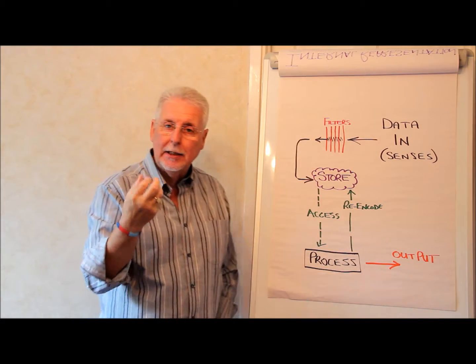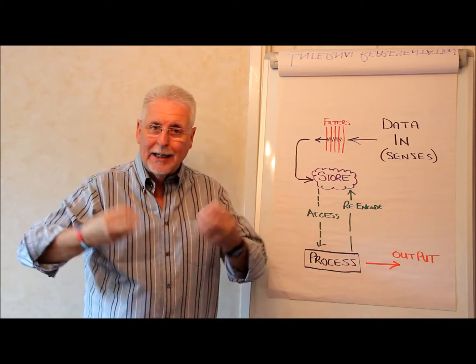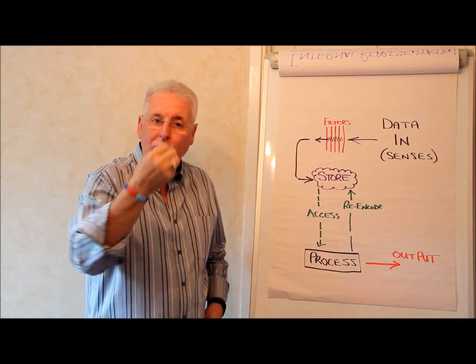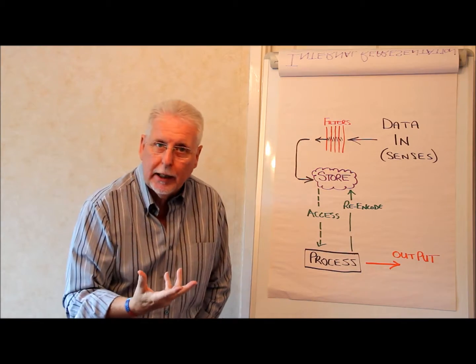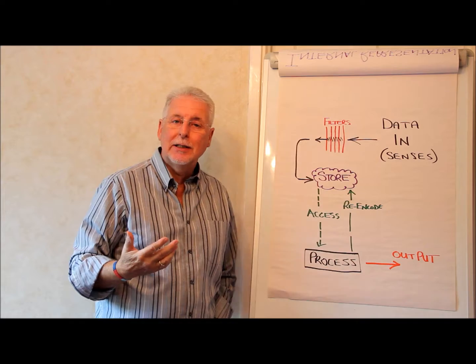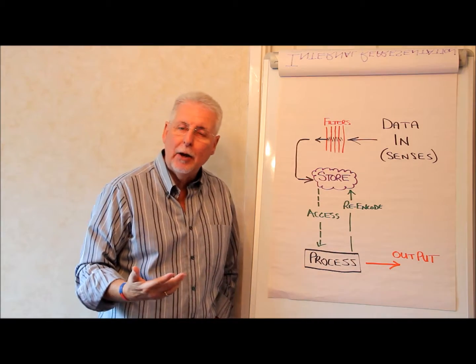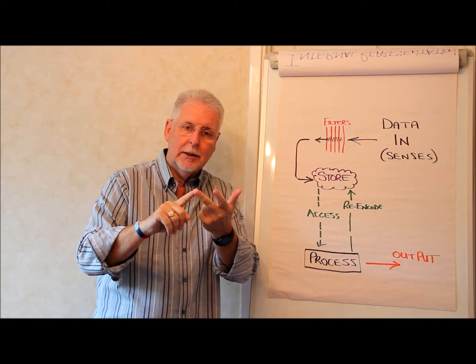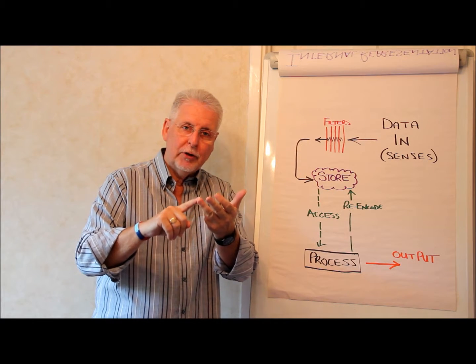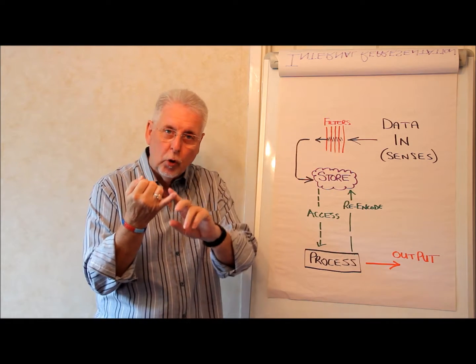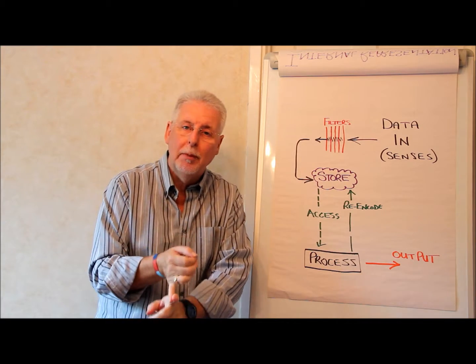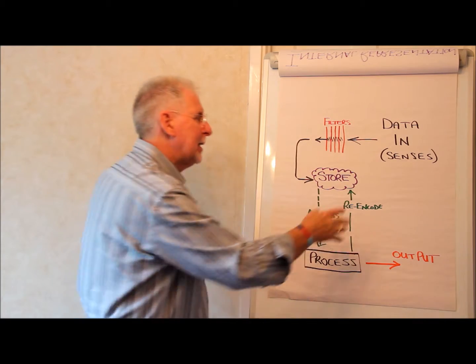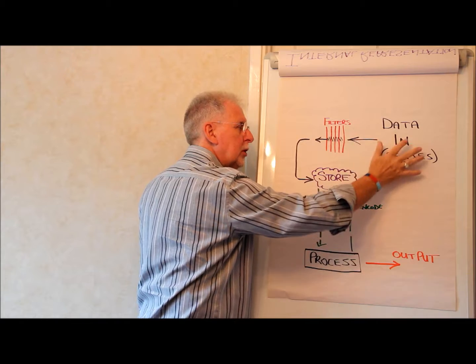It takes in data visually, auditory, kinesthetically, olfactorily and gustatorily. And this is what's known as the sextuplet in NLP language. Visual, auditory, kinesthetic, olfactory, gustatory, and there is auditory digital, which I will come back to later. It takes in the world through the senses.